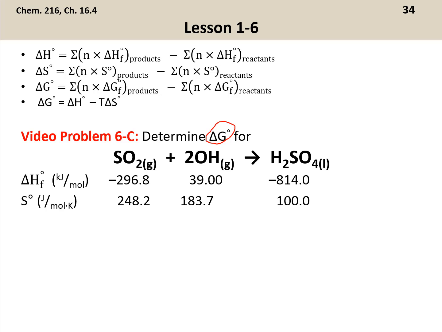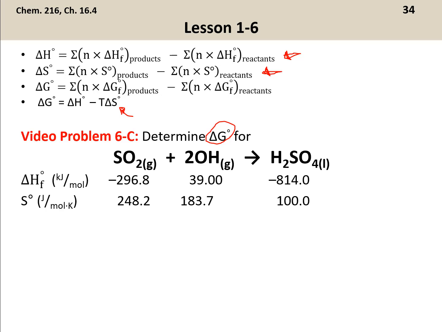So we're going to have to use equation number 1 up here to figure delta H for this reaction. We're going to use equation number 2 to figure out delta S. And then you can use the fourth equation here to use that delta H and delta S that you just found, right, to figure out delta G. Okay?